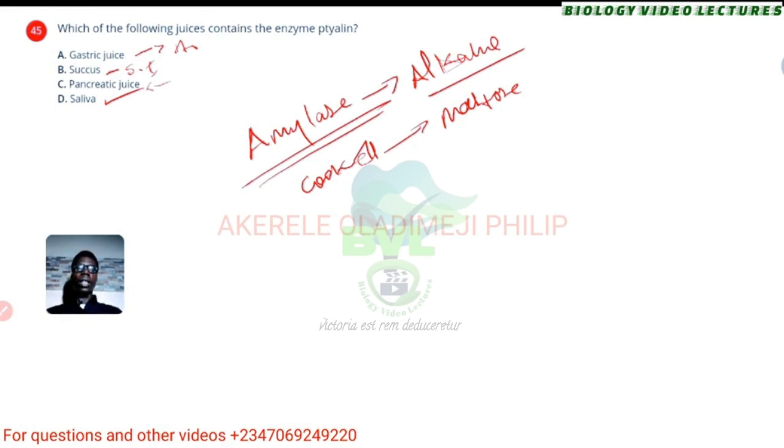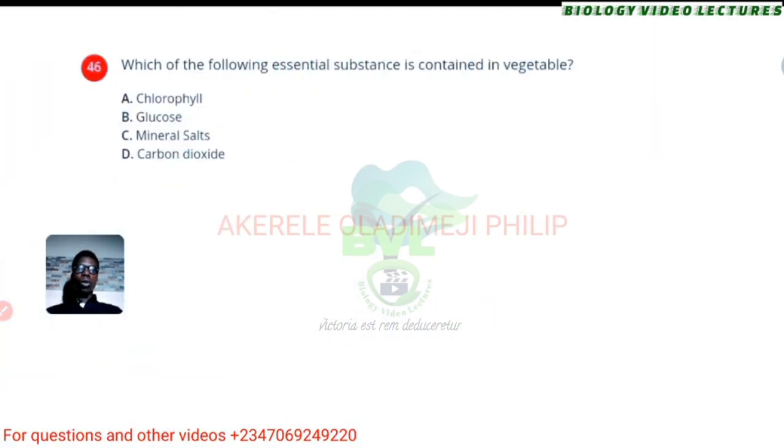But ptyalin is found in the mouth, in the saliva. Which of the following substances is contained in vegetables? Well, that would be mineral salt. Mineral salt is what is essential and useful in vegetables anyway.